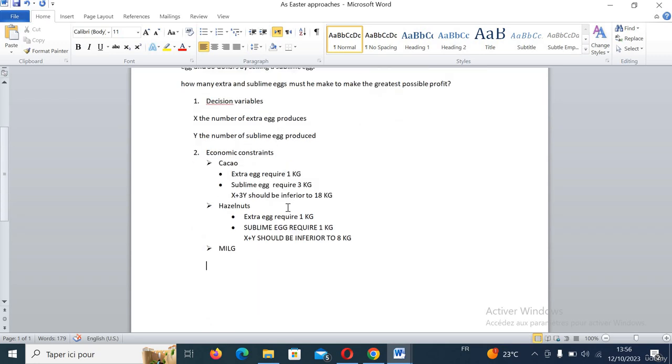That means 2x plus 1y, because the extra egg requires 2 kilograms of milk and the sublime egg requires only 1 kilogram of milk, should be inferior to 14.